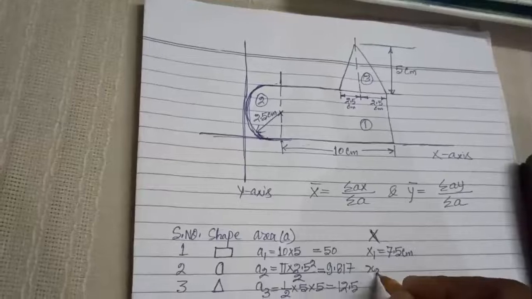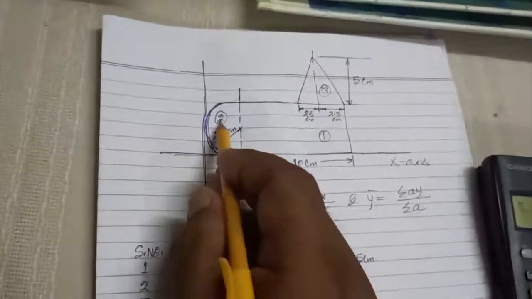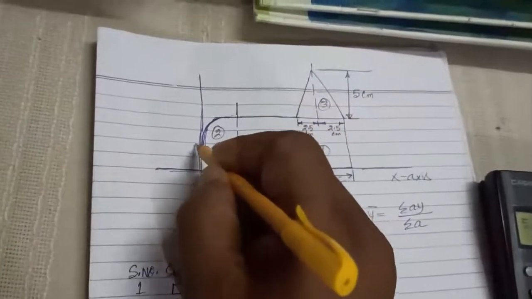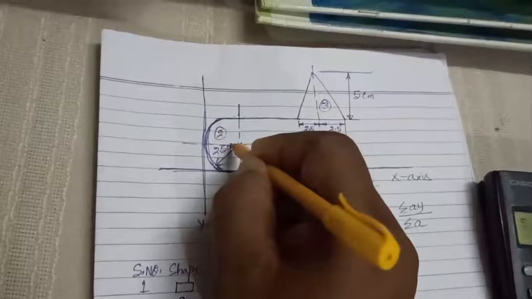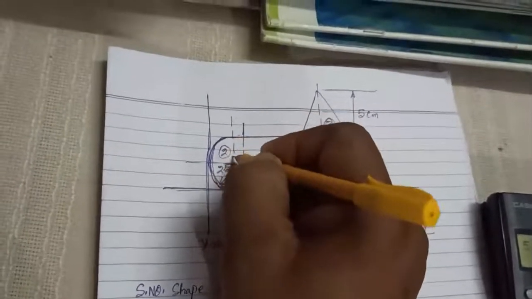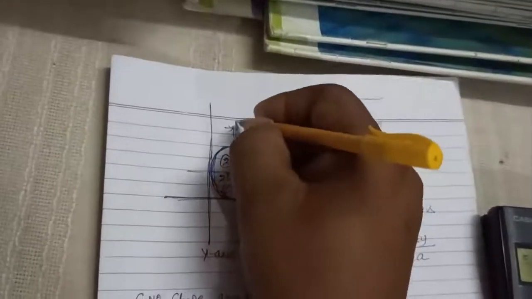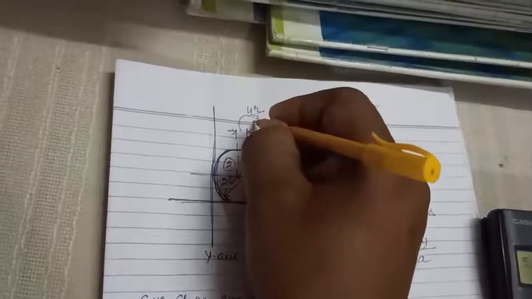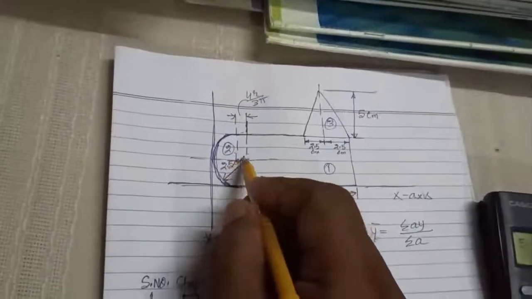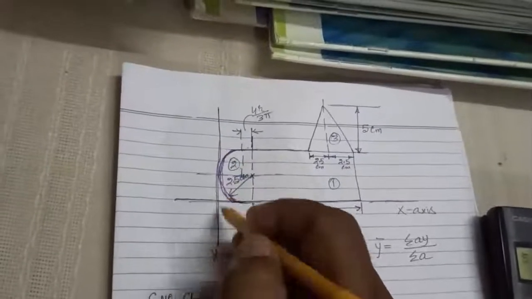And x2 is for this. So the centroid will be lying at this point. So this is at 4r by 3 pi from this side. But we have to take the distance from this side, this reference line.